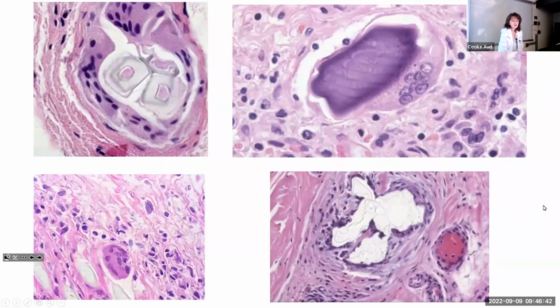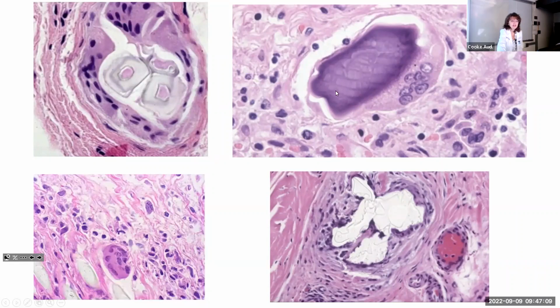And here's the question for you. There's something here that shouldn't be part of the normal tissue. Anybody knows what this is? And this cell here, or whatever this is, is surrounded by a multinucleated giant cell who's trying to contain it, forming a foreign body granuloma.